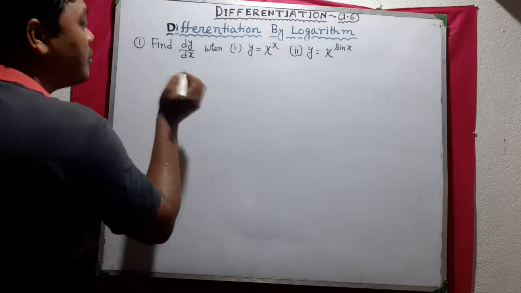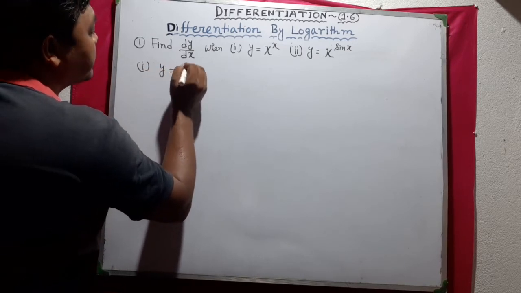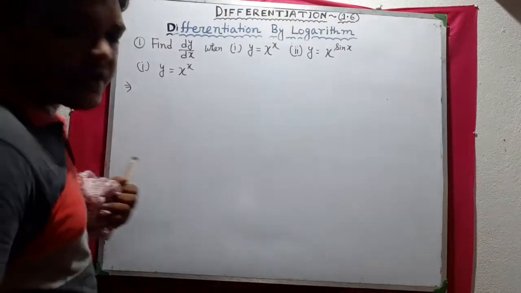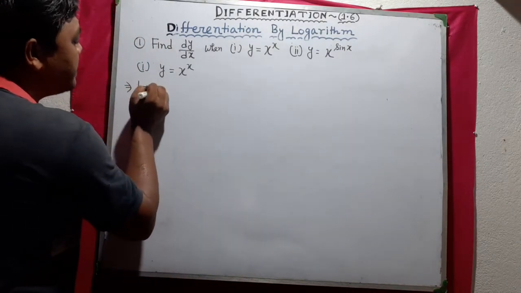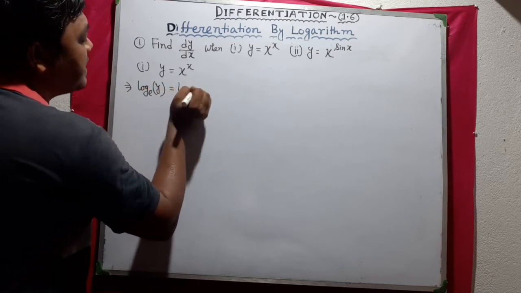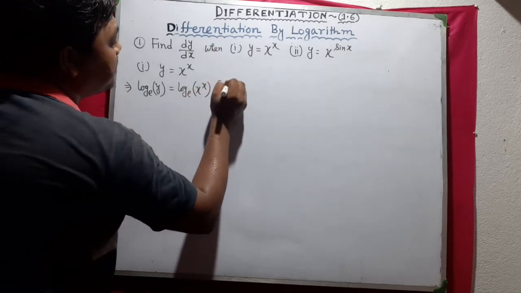So number 1, y equals x to the power x. In a similar fashion, you take the logarithm both sides. So log base e y equals log base e x to the power x. Just taking logarithm both sides.